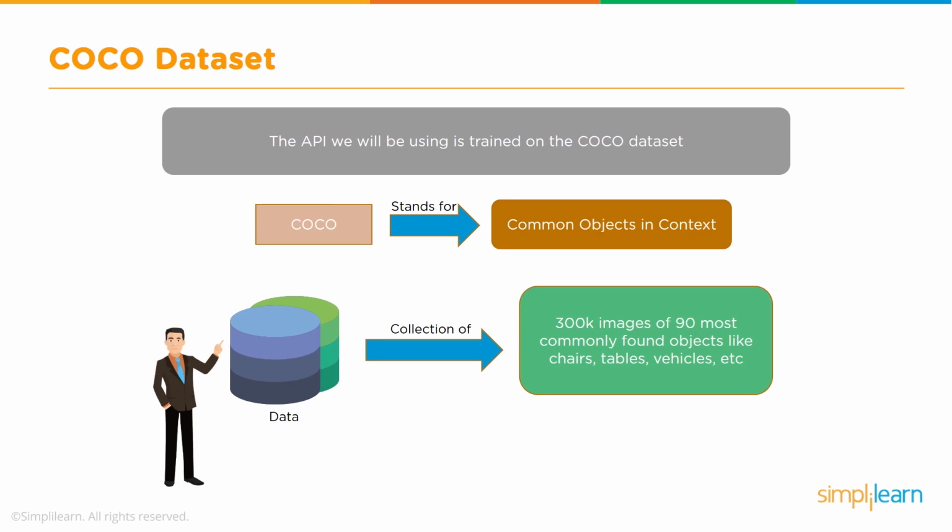This data set consists of 300,000 images of 90 most commonly found objects like chairs and tables and so on. A set of models have been trained on this data set, and this is pretty good to detect the most common objects in images and videos. So with that, let's get into the code.